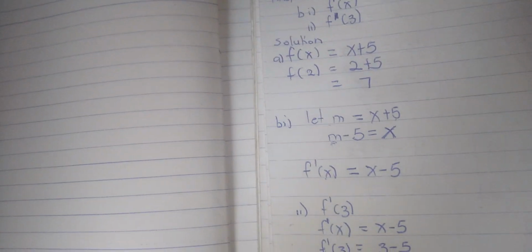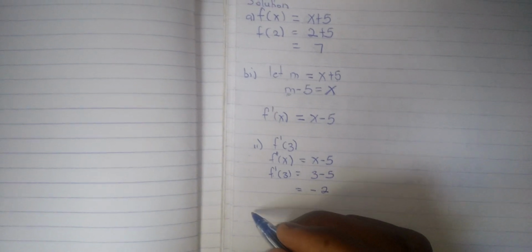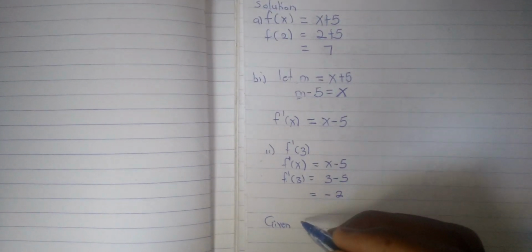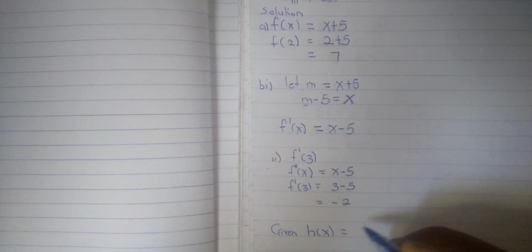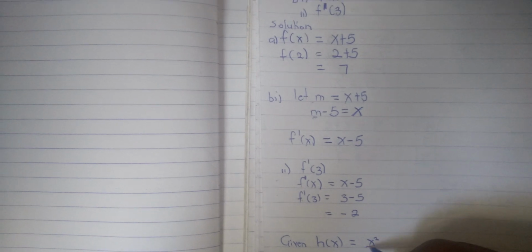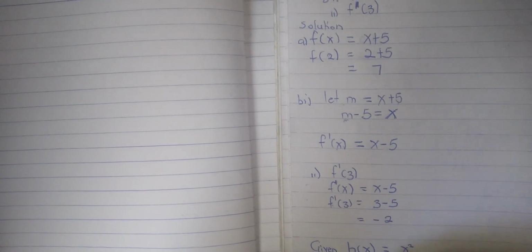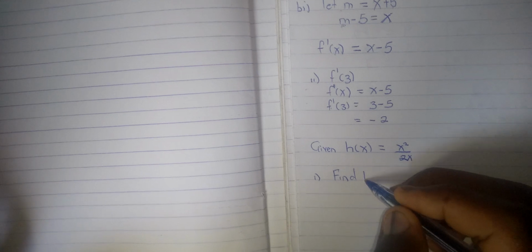So we can also look at another example where we have maybe given that h of x is x squared over 2x. They tell us, Roman numeral number 1, find h inverse of 4.